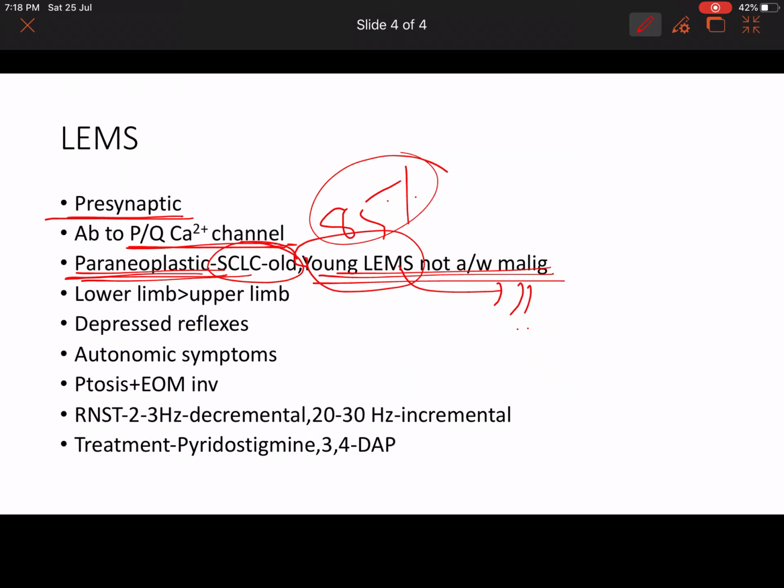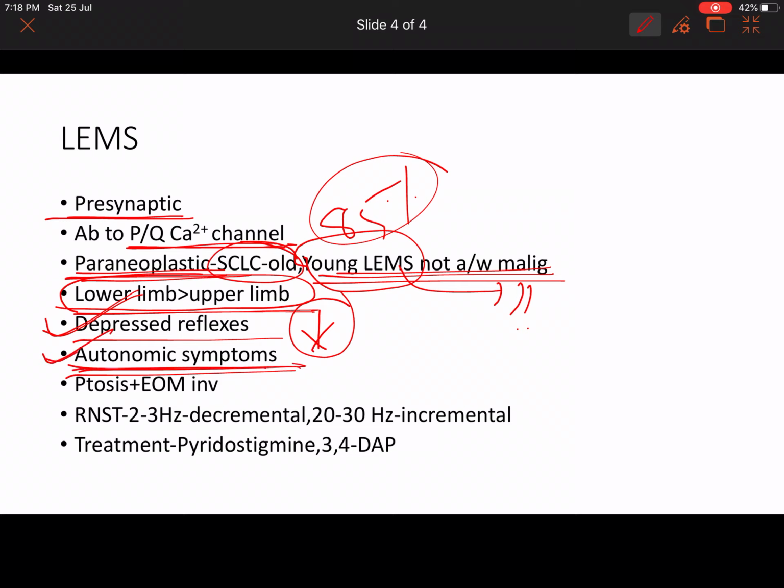of the lung. And here what really is different is that the lower limb is more affected than the upper limb, and as previously we had intact reflexes in myasthenia gravis, here we have depressed reflexes, and it is associated with autonomic symptoms. It is associated with autonomic symptoms, right?